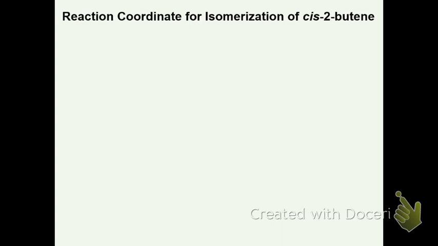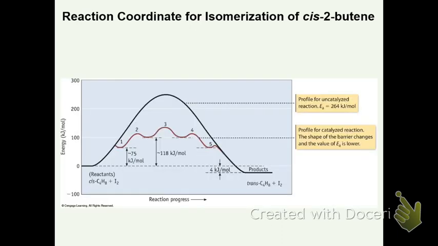So the reaction coordinate diagram for this reaction looks a lot different than the reaction for the uncatalyzed reaction. So the reaction coordinate for the uncatalyzed reaction is shown in black. And what's important to note is that the energy of the reactants and products isn't actually particularly different. So just judging solely by the energy of the cis versus the trans product, we would expect that conversion between the two should be quite easy.